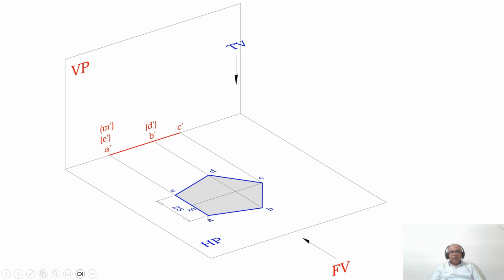So the corner to the midpoint of the opposite edge is the perpendicular bisector, but only this perpendicular bisector is parallel to VP. Therefore, you are getting the true length in the front view. That is the reason why we are considering this perpendicular bisector and omitting all other perpendicular bisectors.